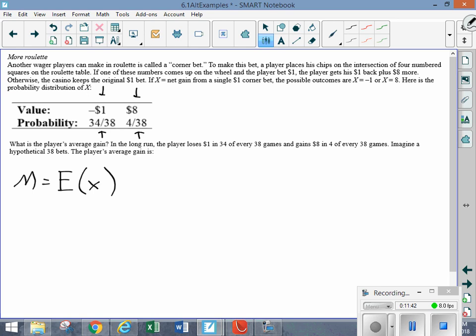So what is that? That is the sum of all x times probability of x.